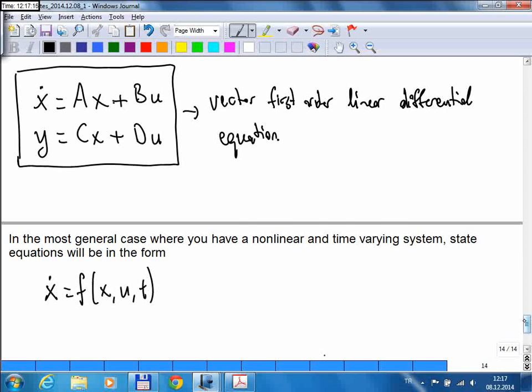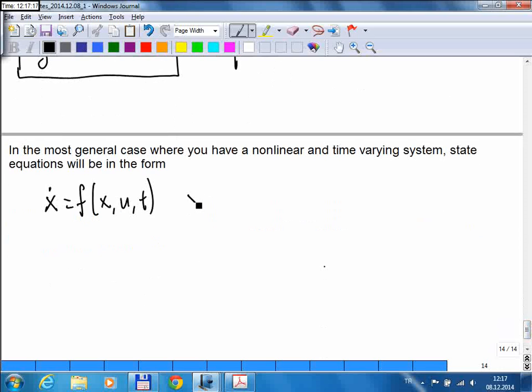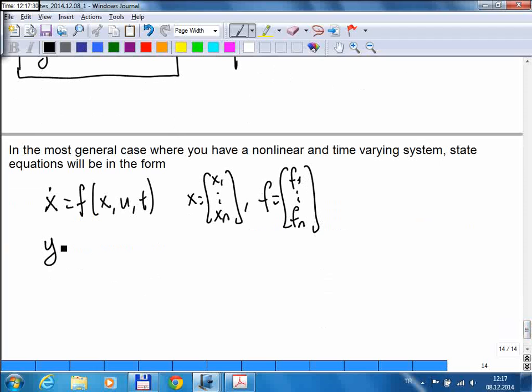This is again a vector differential equation. Okay, so here x is again a vector of state variables, and f is a vector function f1 to fn, and you have the output equation.